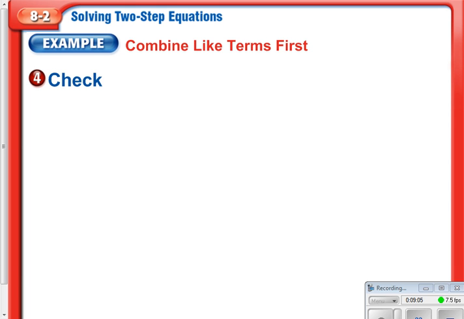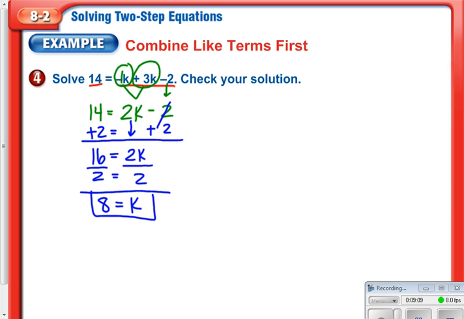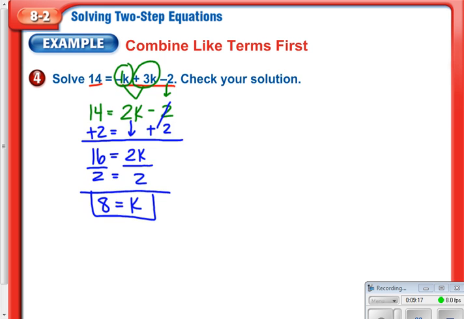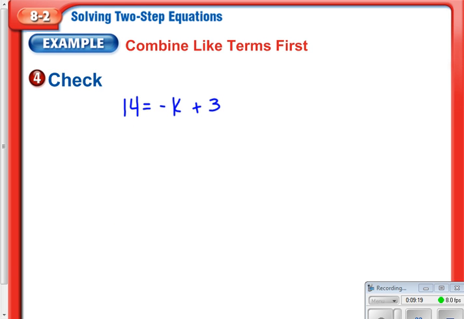Oh, there's asking for us to check our answer here, so I'll do that real quick. We have 14 equals -k. What was it? Plus 3, I believe. Plus 3k minus 2. We found out that k equaled 8. So plug 8 in for k.